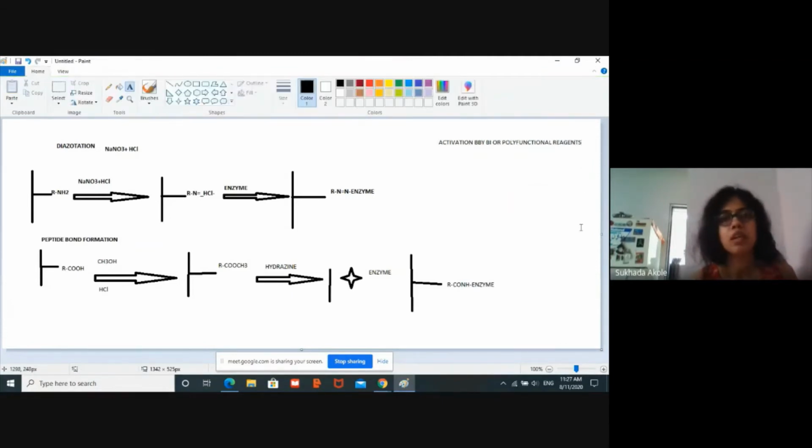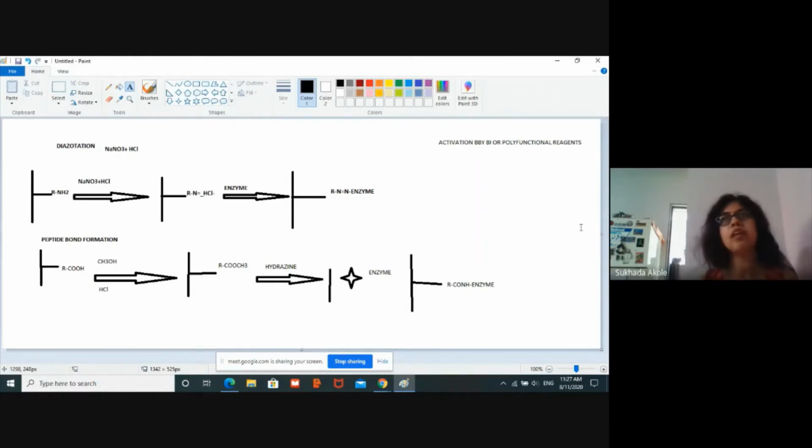Okay. Now, in case of activation by bifunctional or polyfunctional reagents, the reagents such as glutaraldehydes can be used. But again, we have to remember that the substrate, the inert substrate, has to have amino group in it.